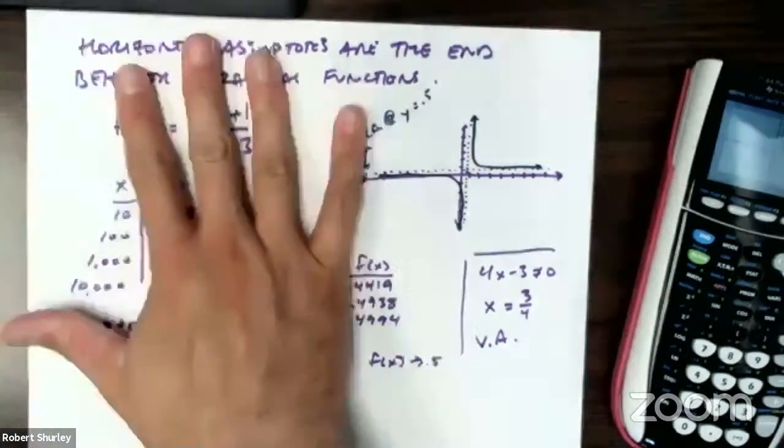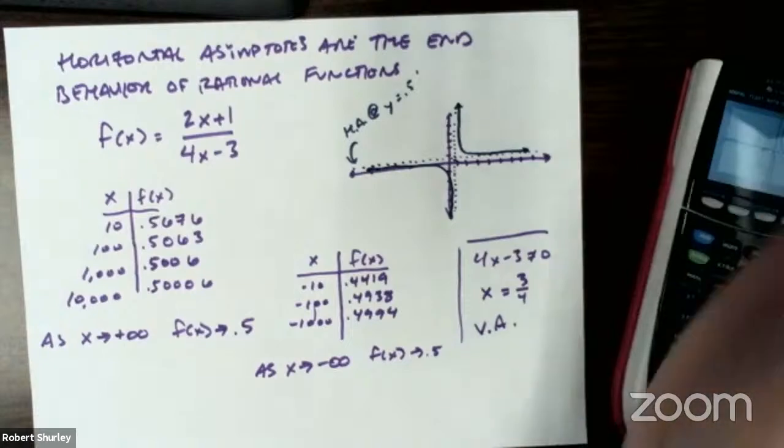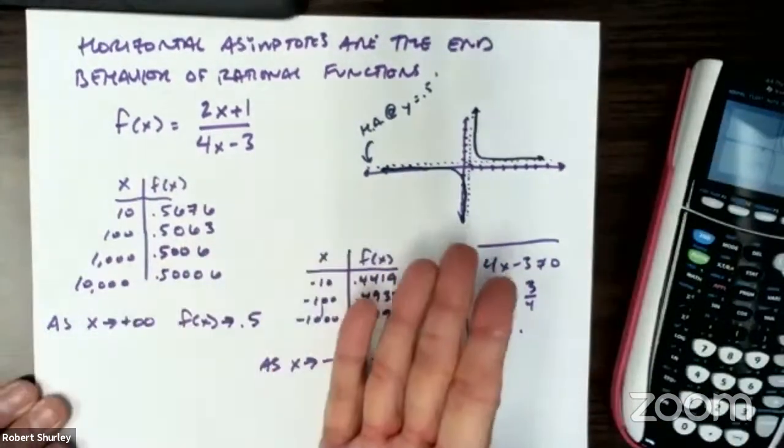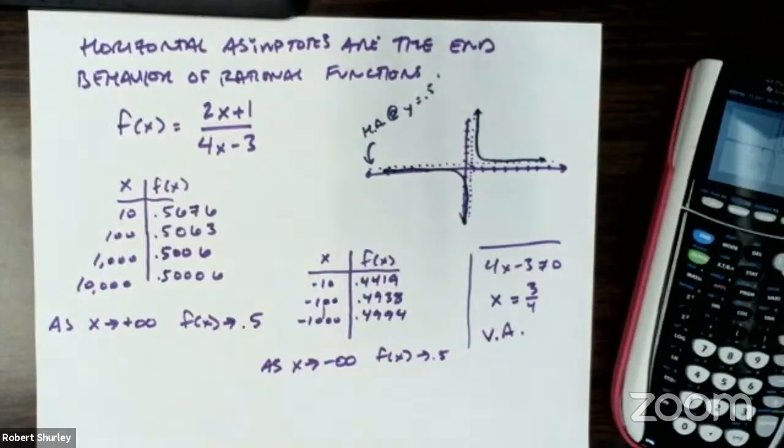Now, there are rules for finding horizontal asymptotes, and I'm going to go over those with you. But I wanted to show this always works. If you want to work it this way, it works every time. What happens with everything in mathematics over time is someone finds an easier, more efficient way of doing it. And over time we found a more efficient way of finding these horizontal asymptotes.